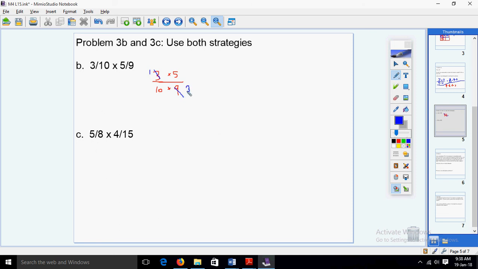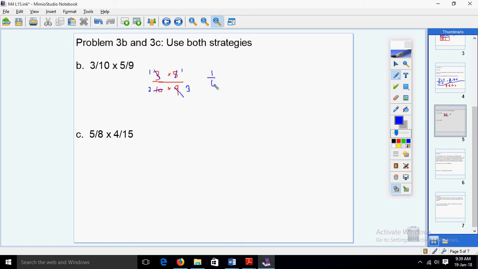But look at this. 5 and 10, this is crazy. 5 can go into 10 and 5 can go into 5. So I'm going to reduce twice. 5 goes into 5 once, 5 goes into 10 twice. Oh, this is going to be so easy. 1 times 1 is 1, and 2 times 3 is 6.